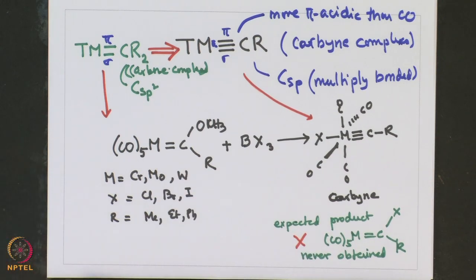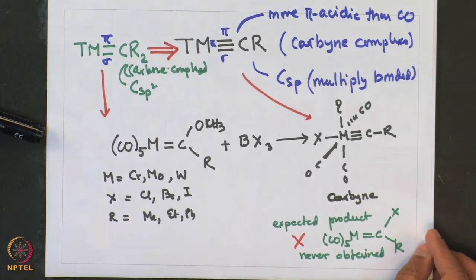So, with this background, we are going to take a look at some other synthetic routes which have been explored for the synthesis of transition metal carbyne complexes, and look at those preparative details with respect to what we had already covered for transition metal carbene complexes, and draw a parallel between these two classes of complexes in terms of the synthesis strategies in place for making them.